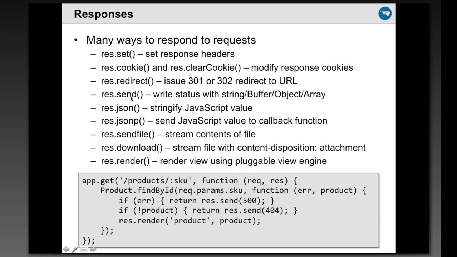You can send like I just did. I don't use send that frequently, but if you give it a string, it tells the client, here's some HTML. If you give it a buffer, it tells the client, here's an octet stream, here's some binary data. If you give it an object or an array, it tells the client, here comes some JSON. So it stringifies it for you automatically.